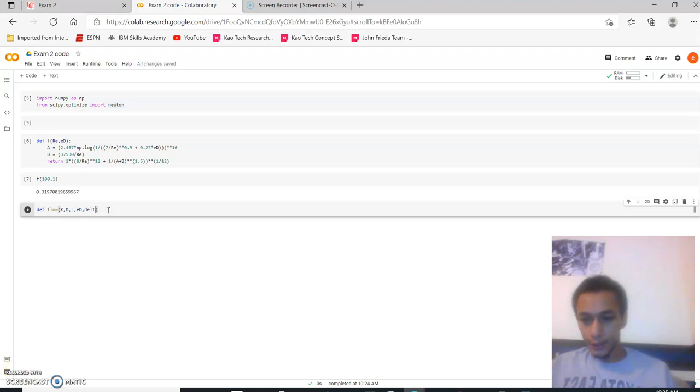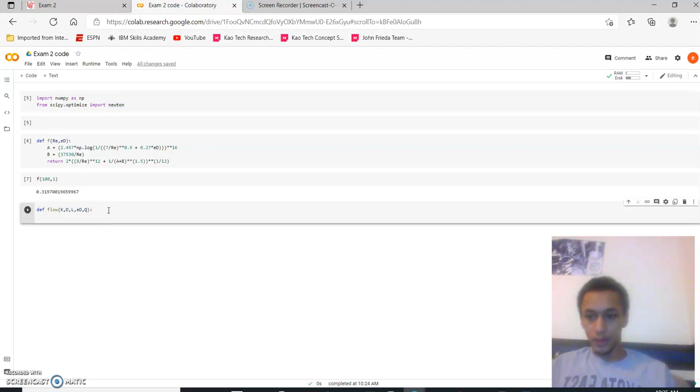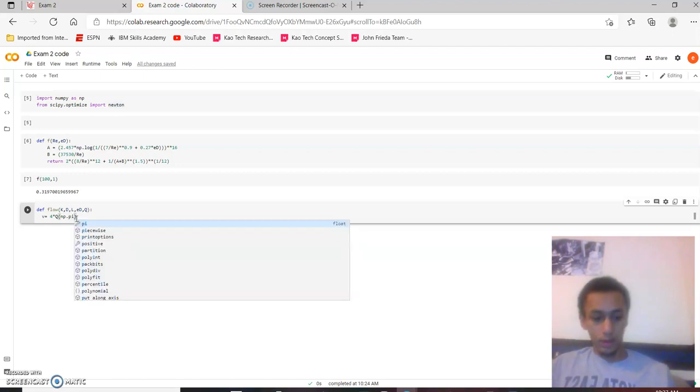Actually, it's not delta head, it's the flow of the pipe. So the first thing we're going to do, we need velocity. So velocity, we said this earlier, is 4 times Q divided by pi times d squared.